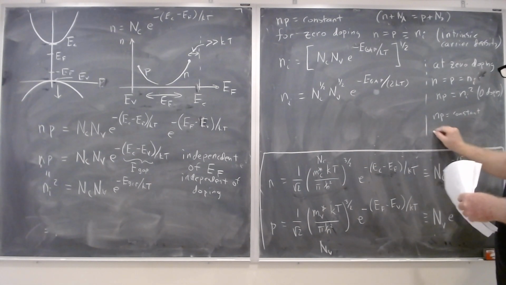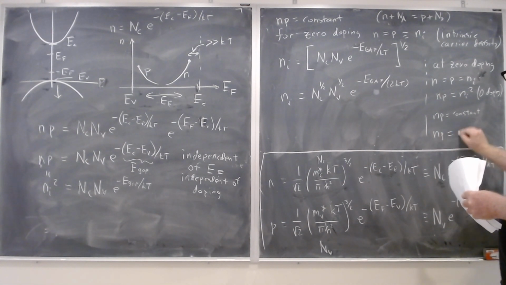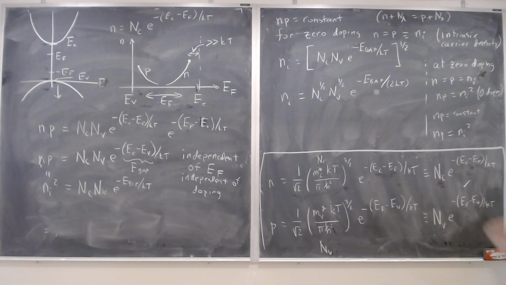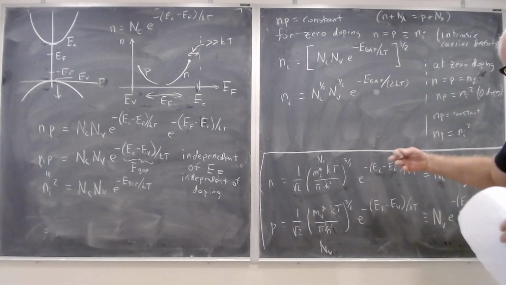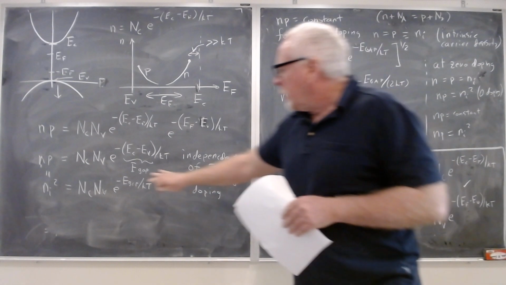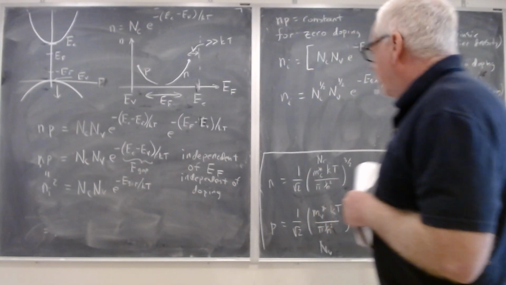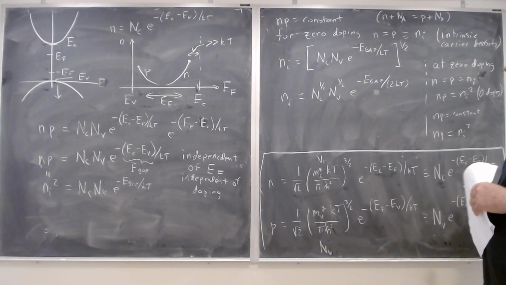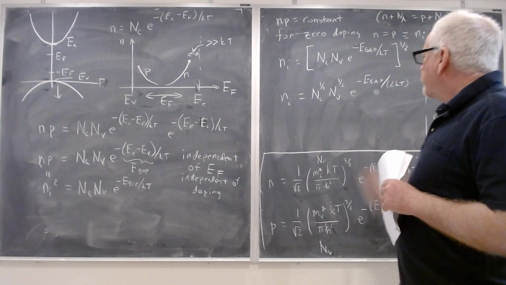We showed that. So Np is always equal to Ni squared. Maybe that's too convoluted of an explanation, but because N equals P is equal to Ni at zero doping, Np is Ni squared at zero doping. And because Np is a constant, Np is always equal to what it was at zero doping, Ni squared. And so Ni is the square root of this product we determined from our band structure analysis. So Ni is equal to that.